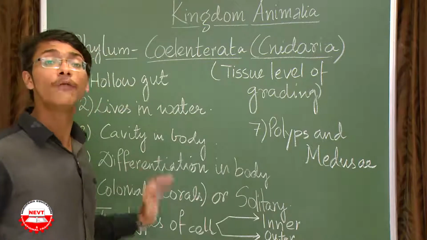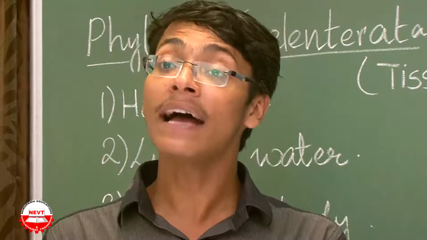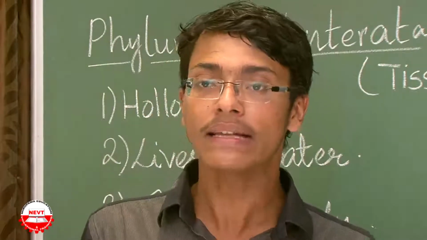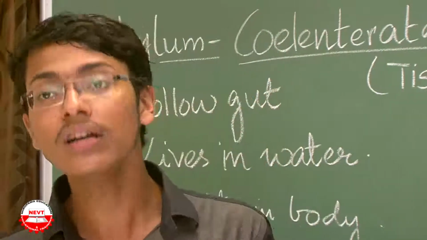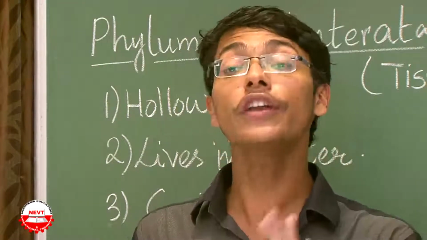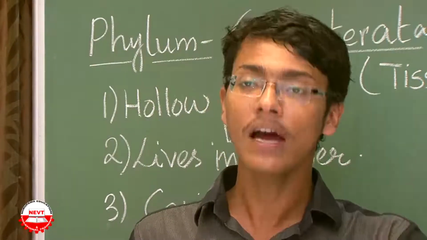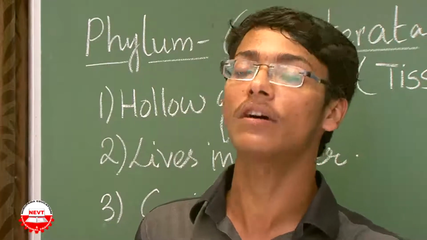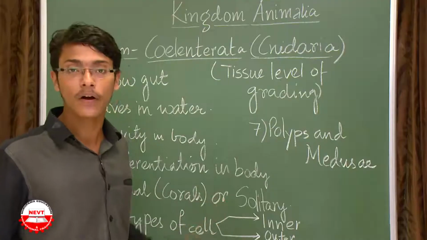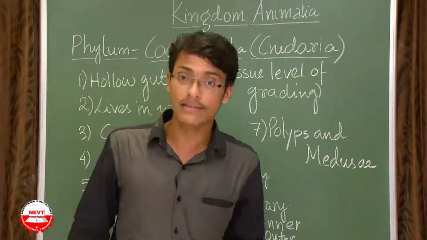Next we have differentiation in the body, which means the body is differentiated. In the case of the poriferans there was an undifferentiated structure, but in the case of the coelenterates there is a bit of differentiation. You cannot say that the differentiation was very advanced, but it was a bit more compared to the poriferans. The second last point is that they are either colonial or solitary.